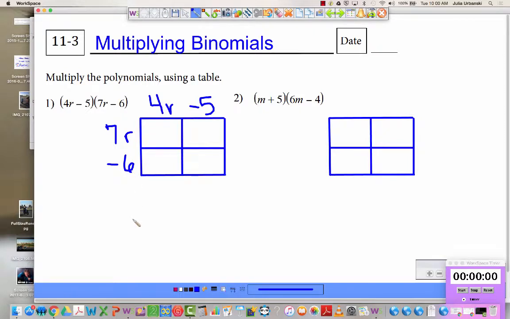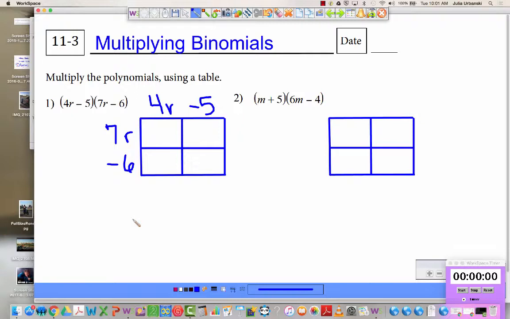Okay, all you're doing is like yesterday, you're going to be multiplying and then combining like terms. But the thing is that you have to make sure that you include everything by everything. So go ahead and multiply each row by each column and then make sure that you have everything, all the exponents and everything included.